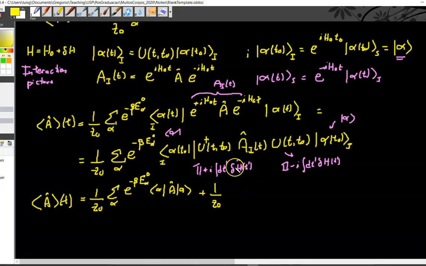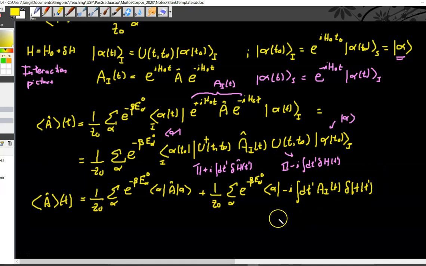So I don't want a delta H squared. It's going to be 1 over Z0 sum over alpha. I'm going to just write this once. Okay, I'll have an alpha here, and I'll have this first integral, minus i integral dt prime. Then I'll have A_I at t, delta H at t prime.